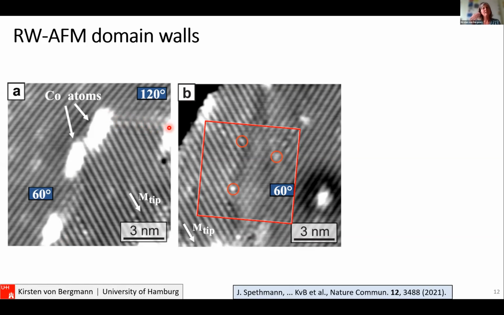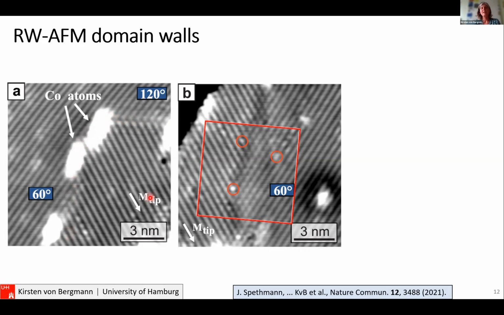And you can already see that it's not a smooth transition. In particular, here you see that some substructure evolves in this wall here. And this wall has this funny shape because we've added some cobalt atoms on top of the surface to pin the wall, so it can make these funny shapes.